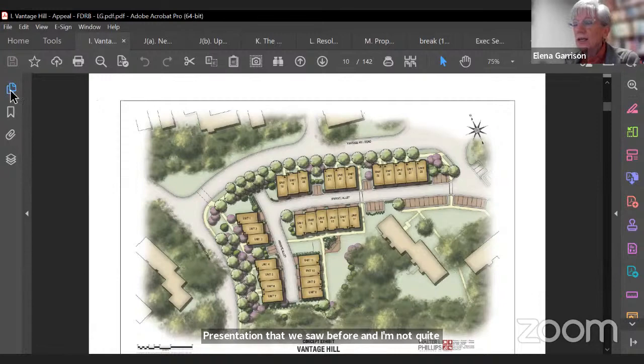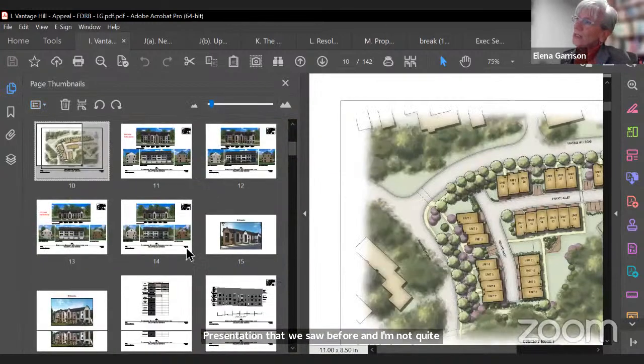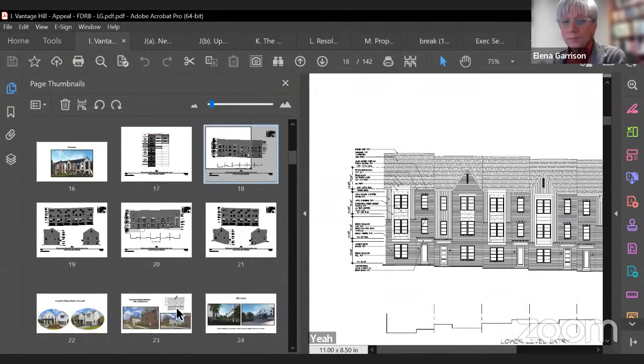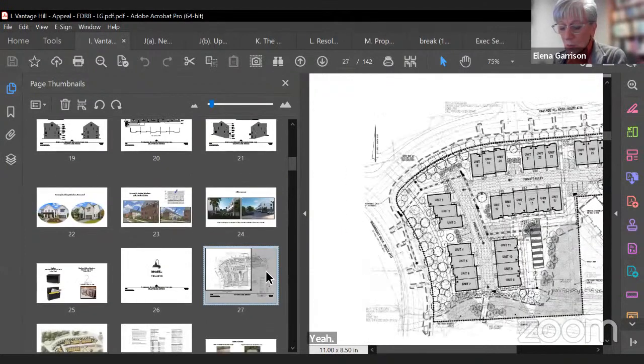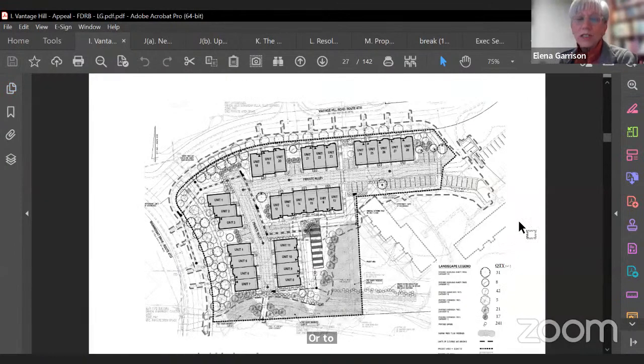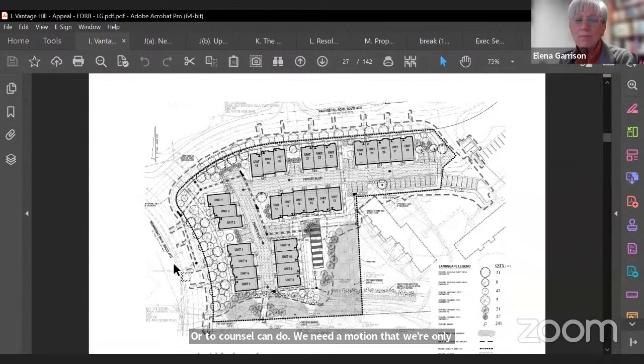I don't know if this is a question to staff or to counsel: do we need a motion that we're only going to look at the HVAC unit placement? We're not going to review the other portions that have already been approved?